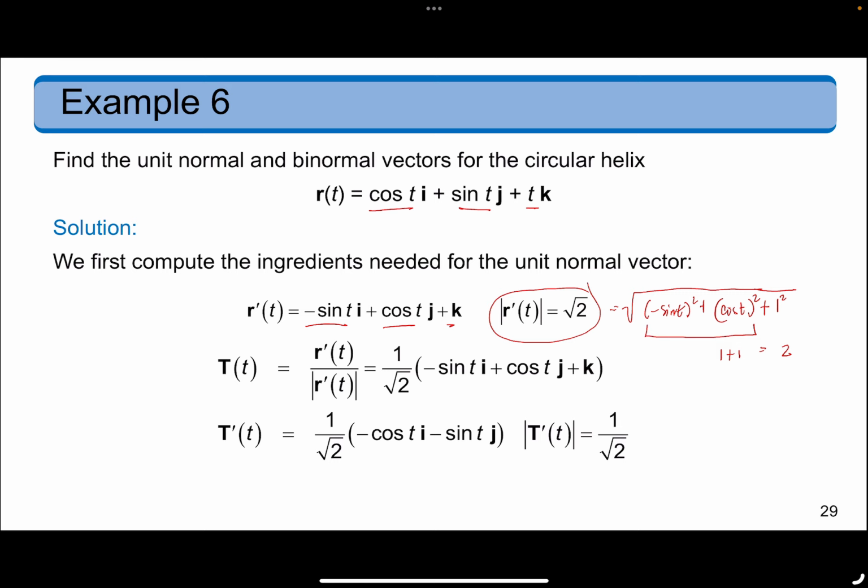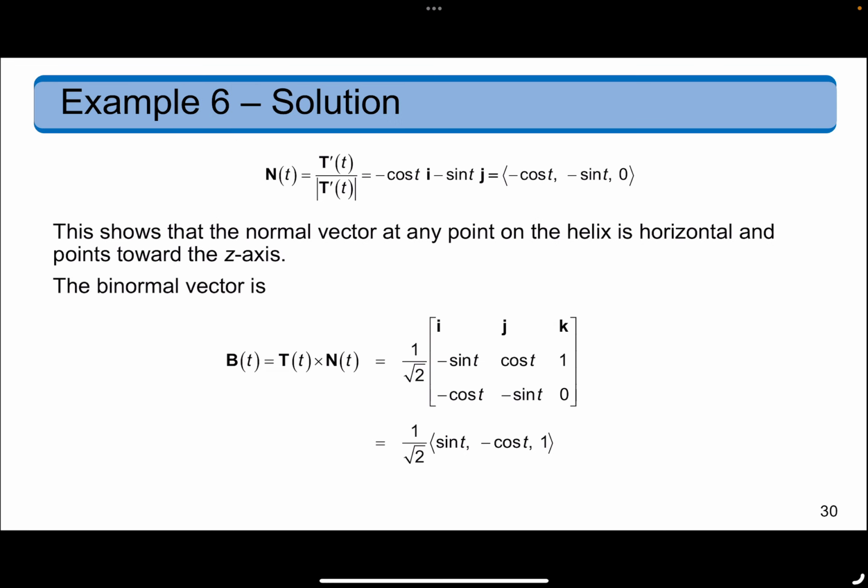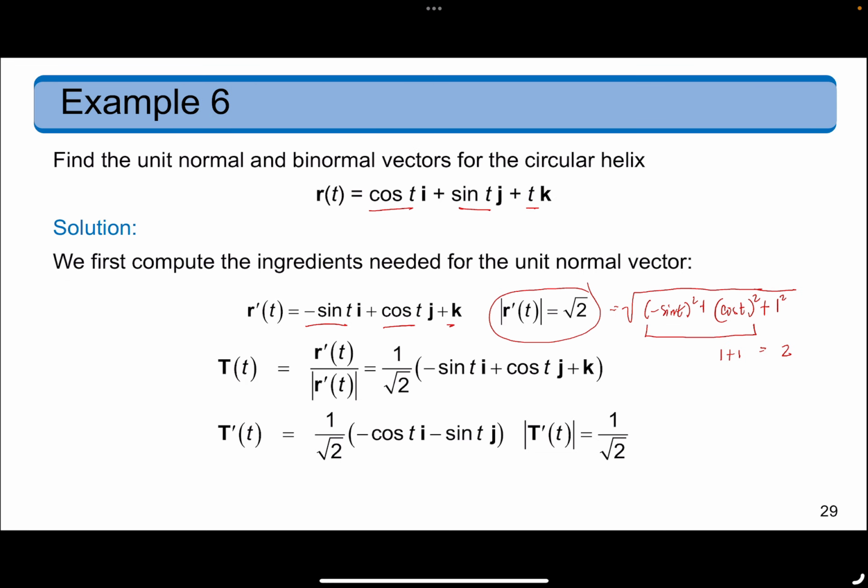We differentiate it further. So 1 over square root of 2, the derivative of negative sine is negative cosine, the derivative of cosine is negative sine, and the derivative of 1 is 0.